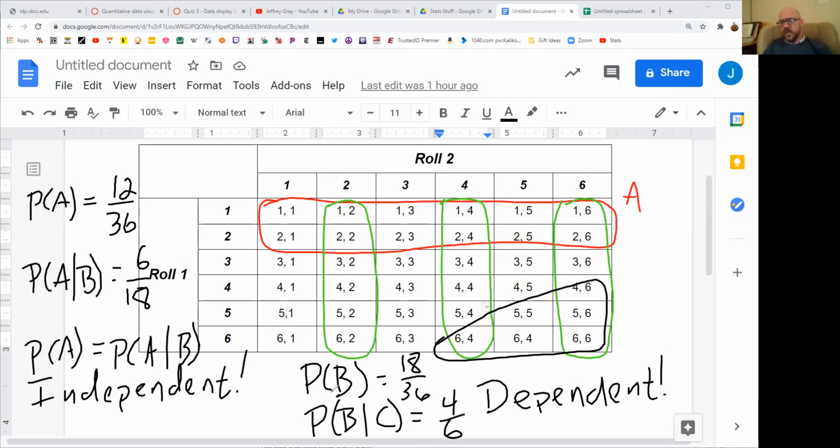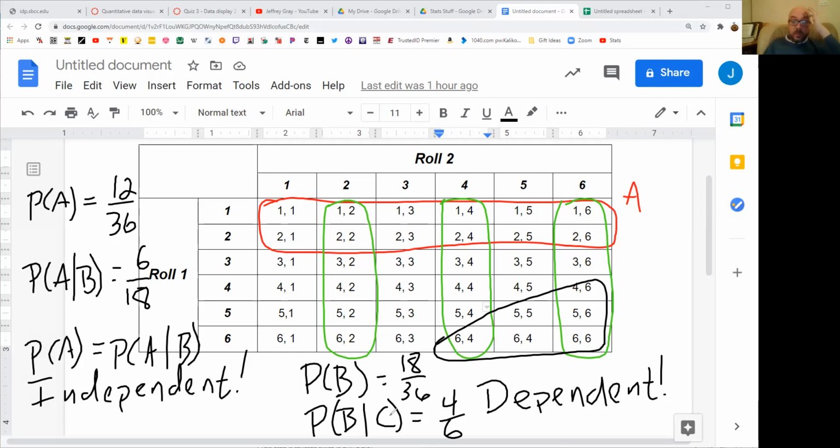And similarly, if I did A given C, the probability would be 0. If I know that the total of the rolls was at least 10, what's the probability that my first roll was 2 or less? 0, can't be, right? If the total is 10 or more, then the first roll can't be 2, because that prevents the total from being 10 or more.